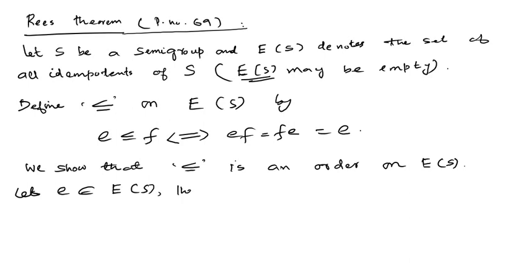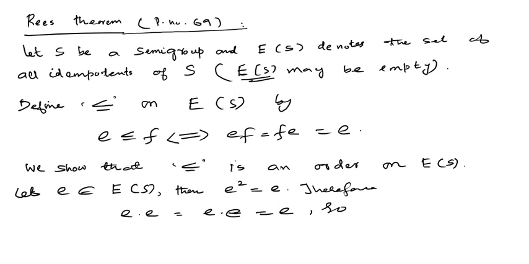Then by definition of idempotent, its square must be equal to e itself. So therefore ee is equal to, say, ee. So we can commute these two things and both are equal to e. So we have this e is less or equal to e, and hence this relation is reflexive. This is reflexive.